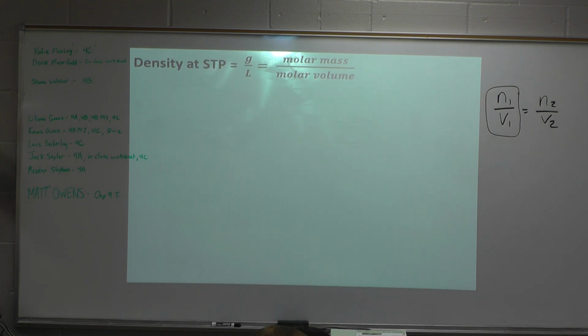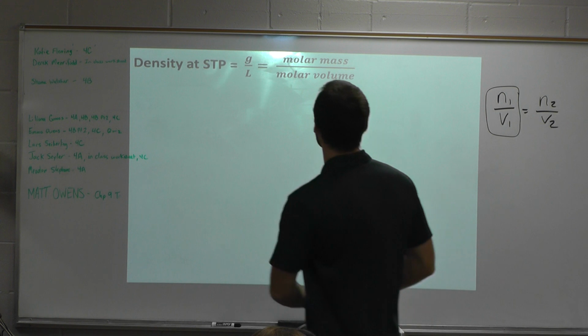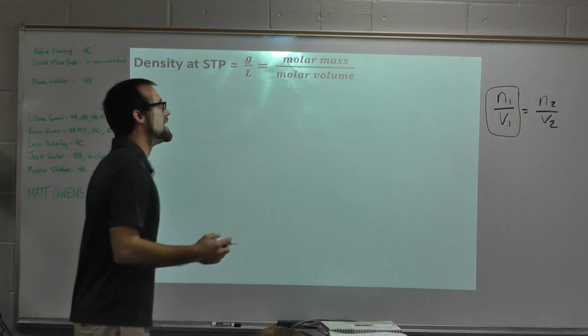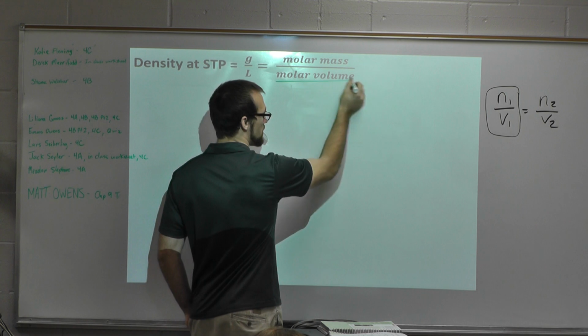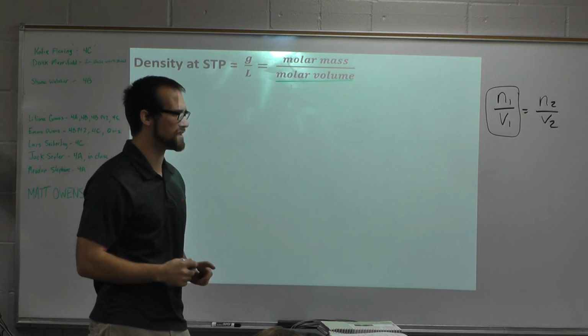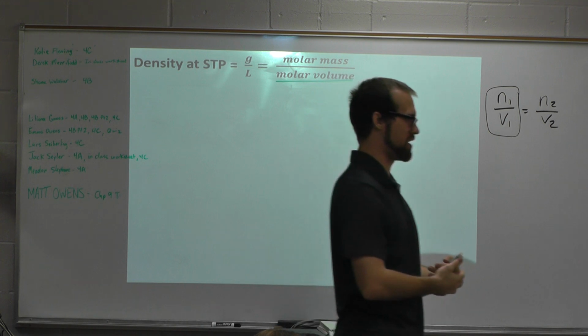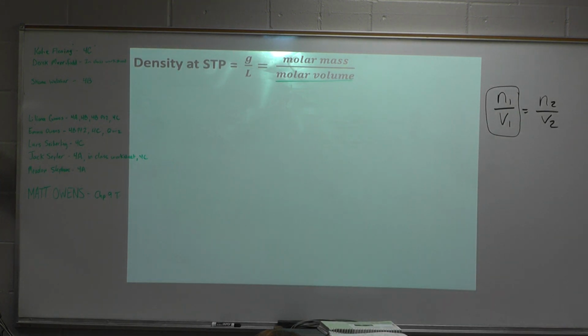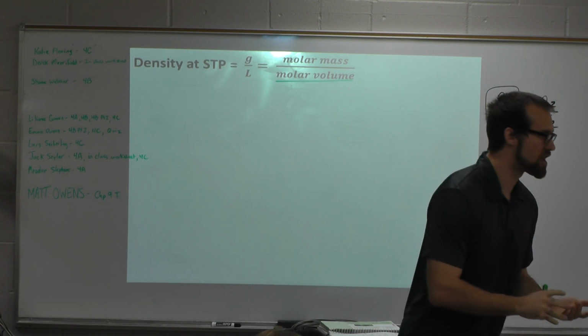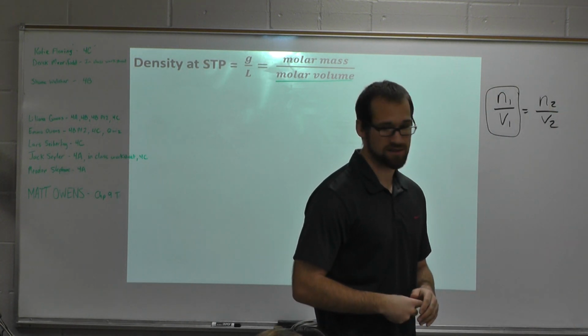If you know the density of something and you know what its volume is, you can measure it pretty easily, because you would just figure out what it weighs and what its volume is, and you would have your density: mass divided by volume. What's cool is if you have some unknown liquid or gas, probably gas in this case because we're dealing with molar volume, you could weigh its mass, find out its volume, and from that information alone, you could identify the molar mass of an unknown gas.